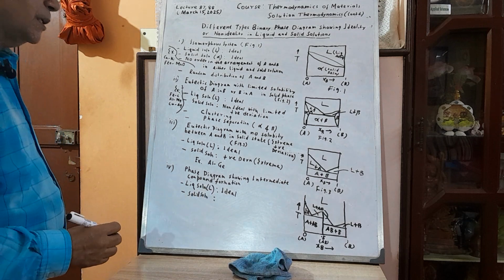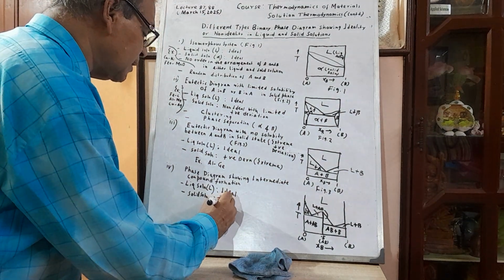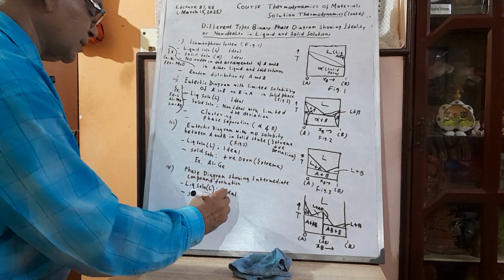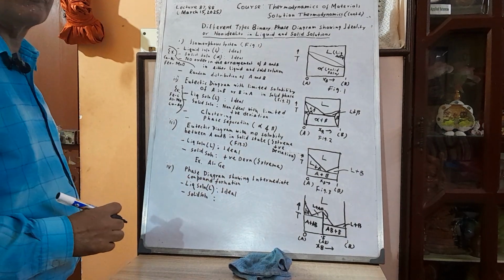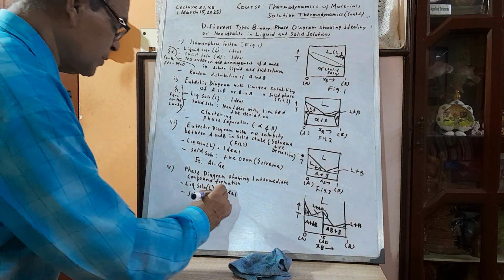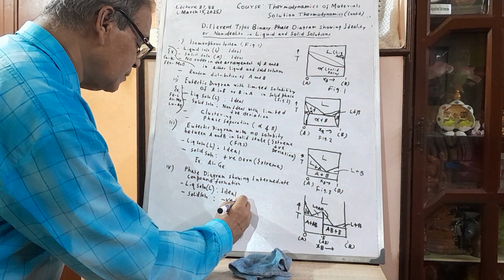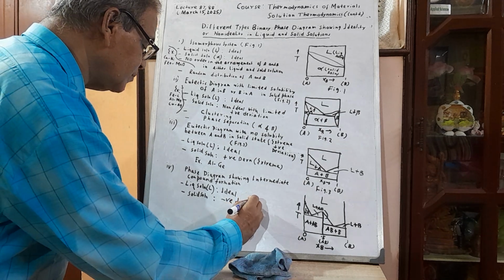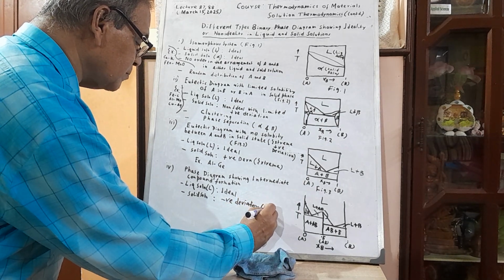Extreme negative deviation. This is extreme positive deviation, and this is negative deviation. That's why compound forms with negative deviation. So negative deviation, extreme.